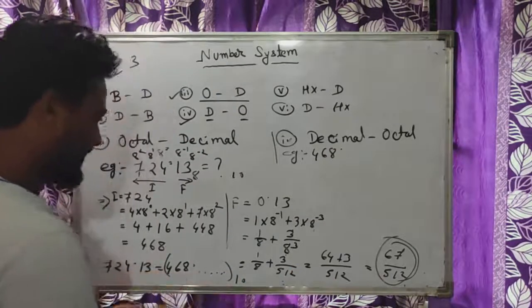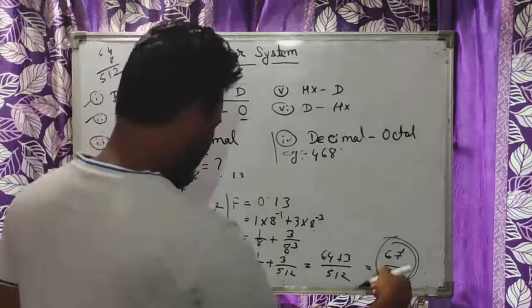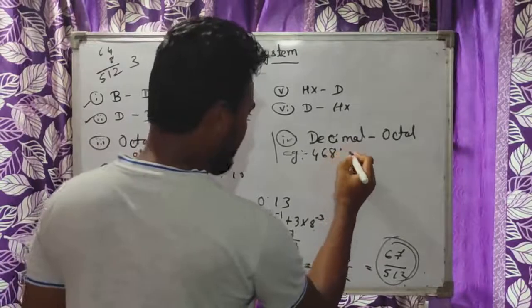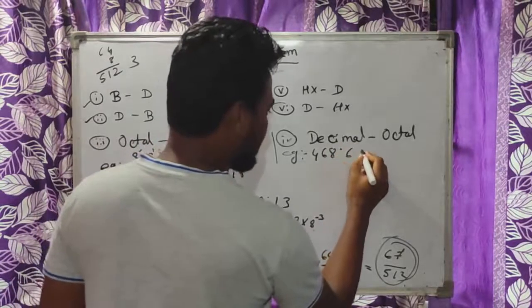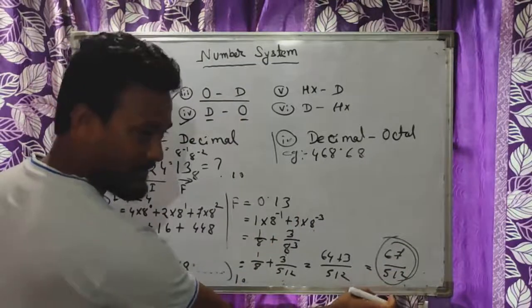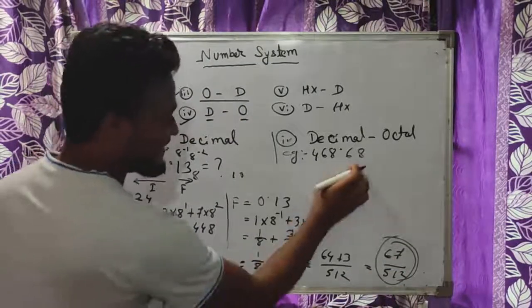We will not get exactly; first we have to find it out. Suppose I'm giving here another fraction part. Let's say after dividing this number, here we are getting 68.